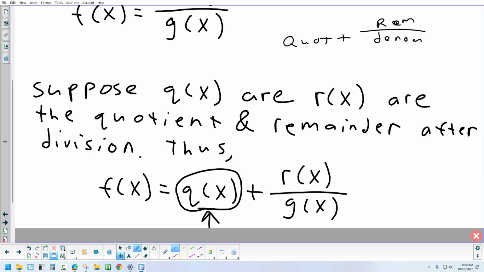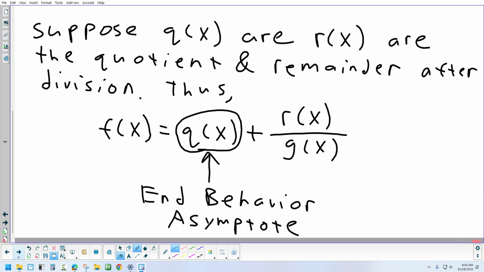When you do that long division, the part that you want to focus on is the quotient. The quotient is the EBA. Right? So it's something we already know how to find. We're just going to call the quotient the EBA.